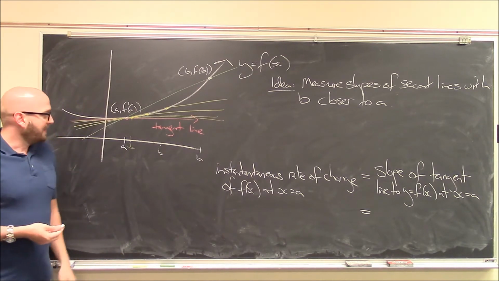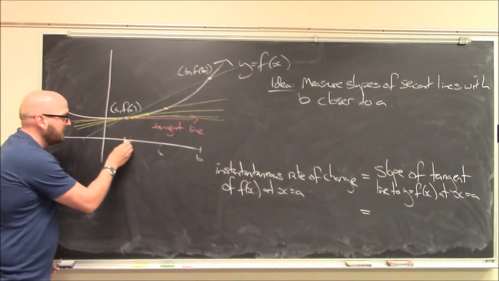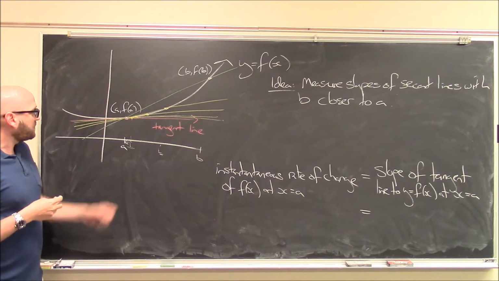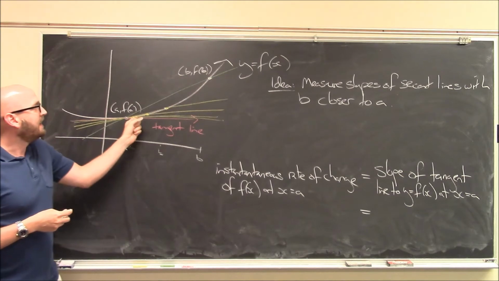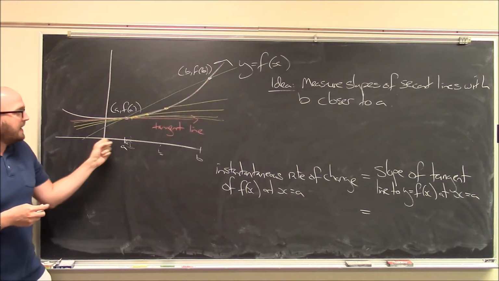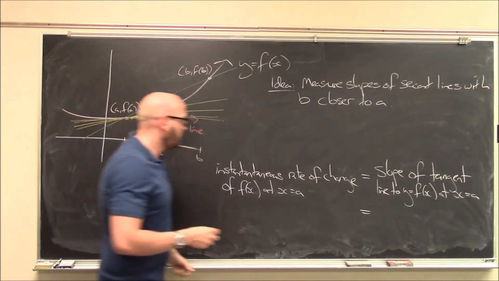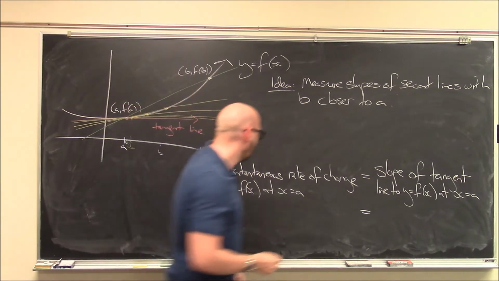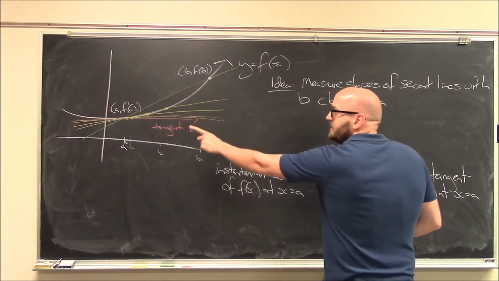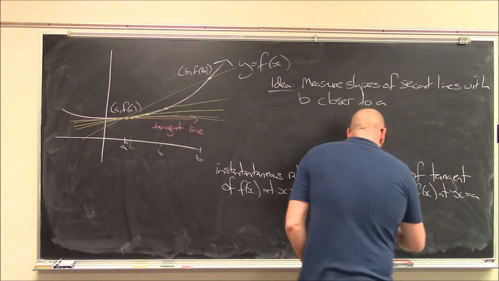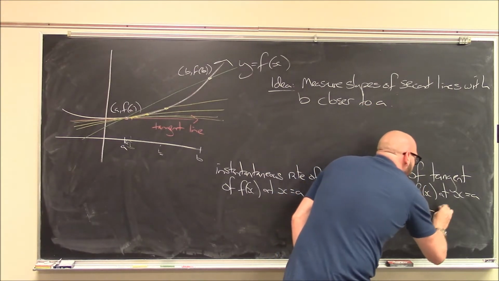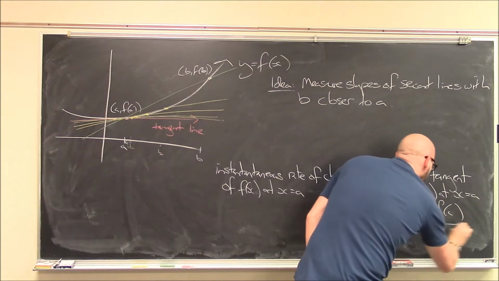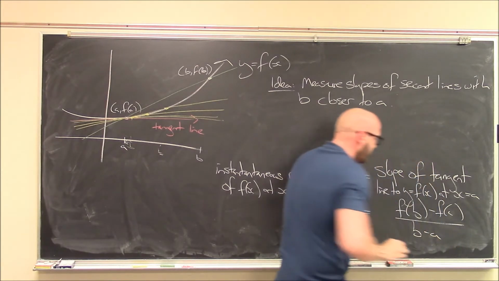This is where limits come in. I keep choosing b values that are getting closer and closer to a. Why not take the slope of the secant line and then take the limit of that expression as b tends towards a? So this is exactly how we're going to define this. The instantaneous rate of change of this function, the slope of that red tangent line, is based on our average rate of change, f of b minus f of a, over b minus a.